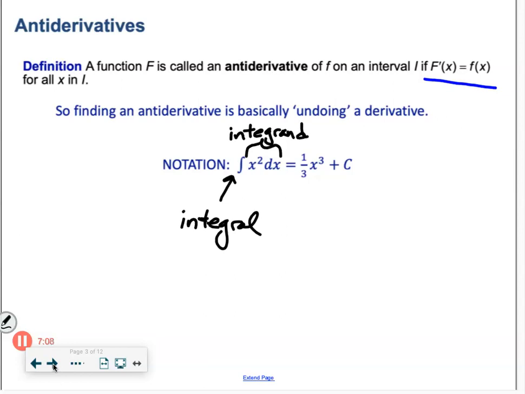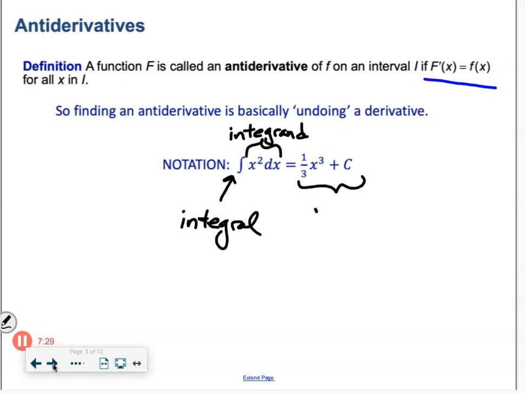So if you know your division problem, if you have a division symbol, the stuff inside the division symbol is called the dividend, right? If you have a radical symbol, like a root, the stuff inside the radical symbol is called the radicand, right? The stuff inside the integral symbol is called the integrand. All right.